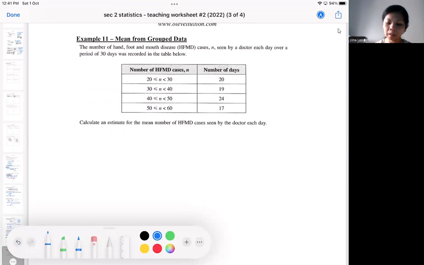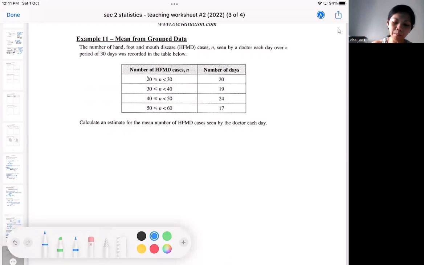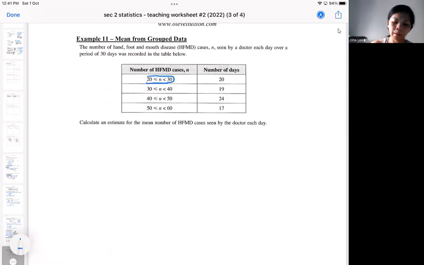There are 20 days where we see this amount of cases, but we do not know the exact cases. We only know that it's somewhere between 20 to 30, but we do not know the individual value. That's why it's not so accurate. We don't know the individual value.